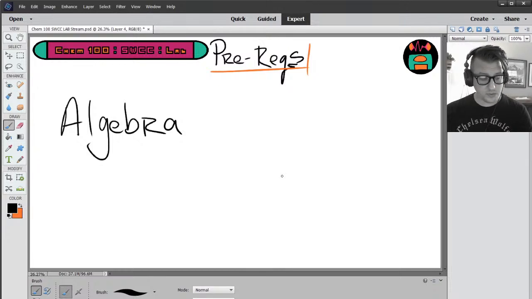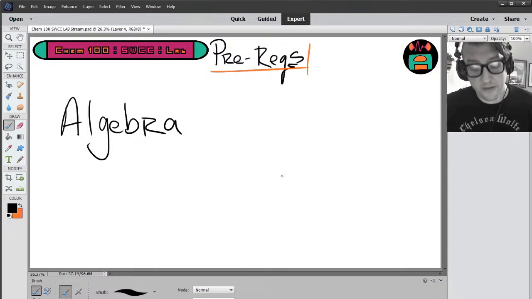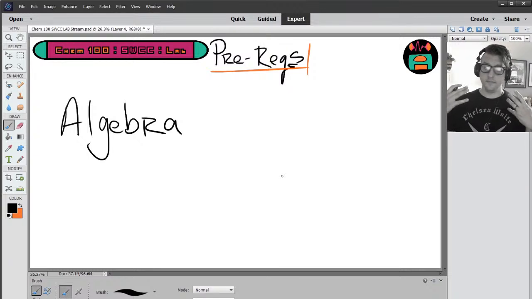I've found over the course of my teaching career that the students who have a weaker foundation or who are rustier in math will struggle in the class more because you've got kind of the double whammy of, in addition to having to learn chemistry, you're also having to learn algebra alongside of it. So it's kind of two tall orders.